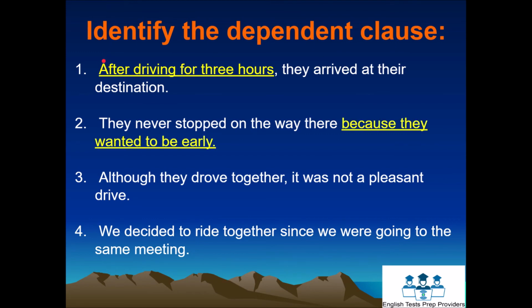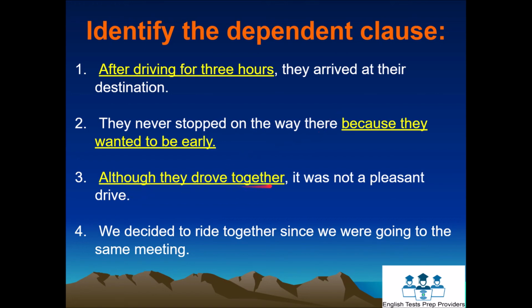Next, "They never stop on the way there because they wanted to be early." So our dependent clause is "because they wanted to be early." Our subordinator is "because." Number 3, "Although they drove together, it was not a pleasant drive."